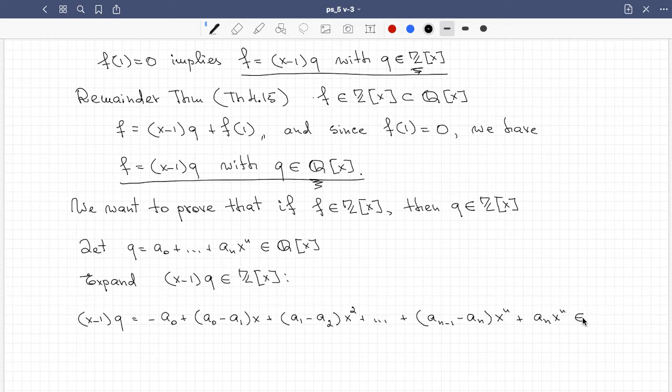This is the product which we know belongs to the polynomial ring with integral coefficients.